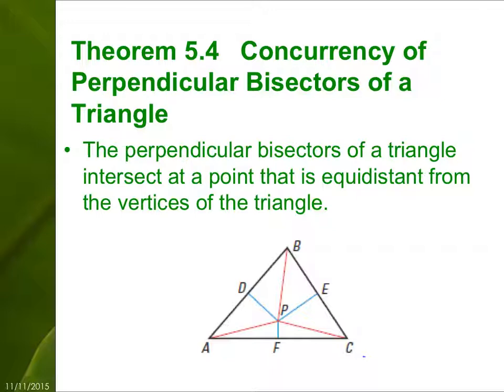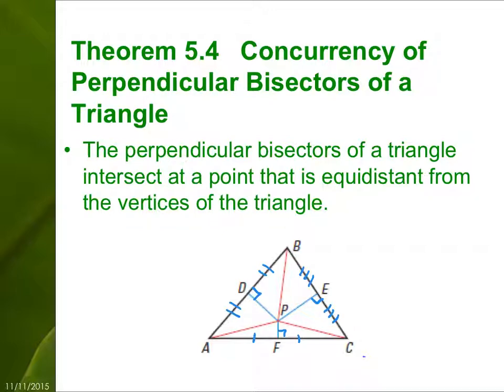So all the blue lines are going to be the perpendicular bisectors. So if I wanted to add little right angles here, and I could add my congruency marks, because remember they're hitting at the midpoints.